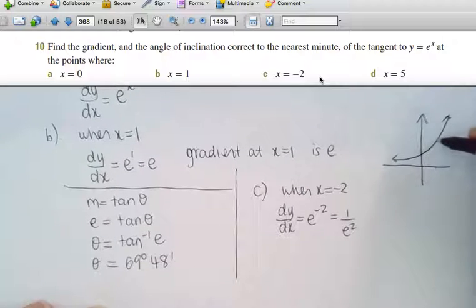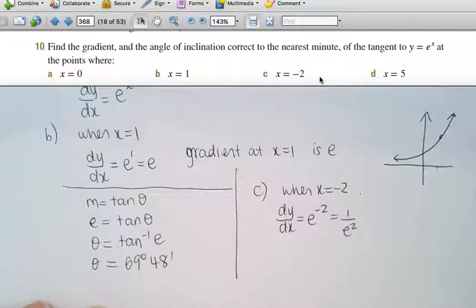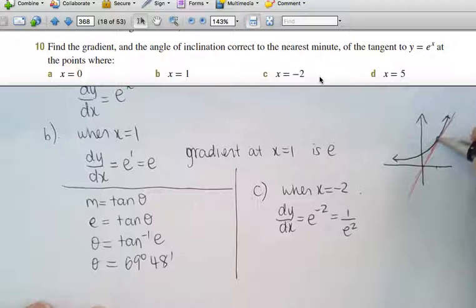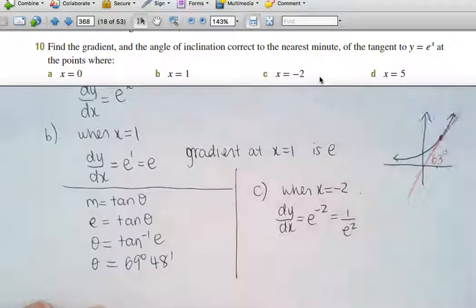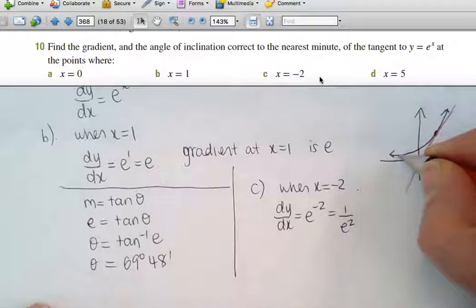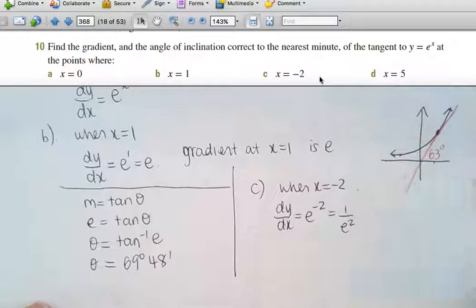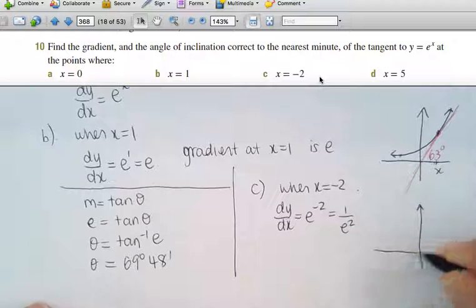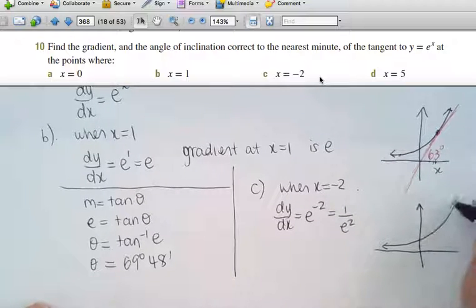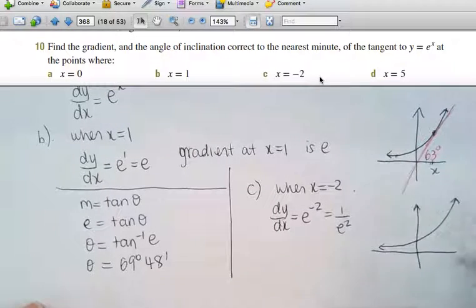When x is 1 on that curve, the gradient's like this, and the angle of inclination is 63 degrees. But when x is -2, that is over here on the curve.